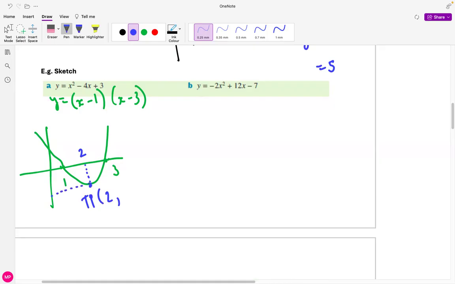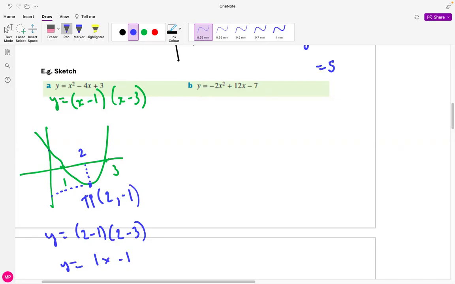So what we do, we substitute 2 back into either equation, we can find y. So we have y equal 2 minus 1 times 2 minus 3. 2 minus 1 is 1. 2 minus 3 is negative 1. 1 times negative 1 is negative 1. So we know that the turning point here is 2, negative 1.